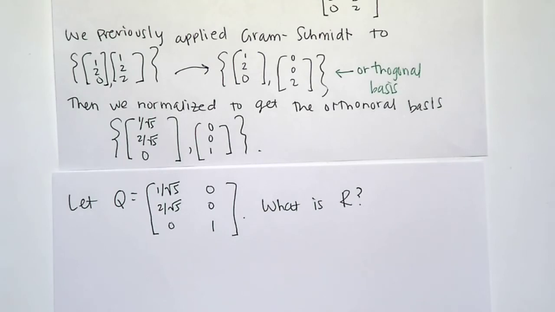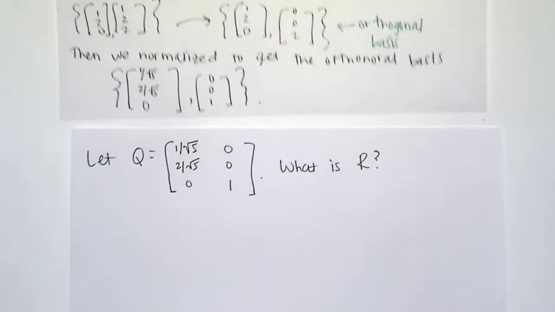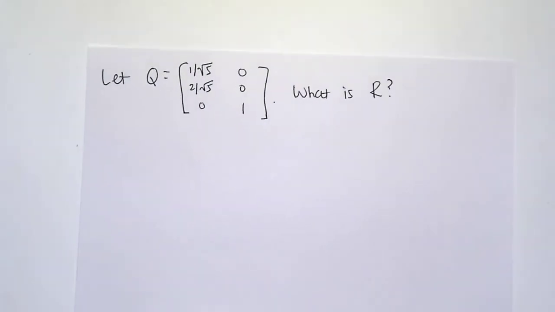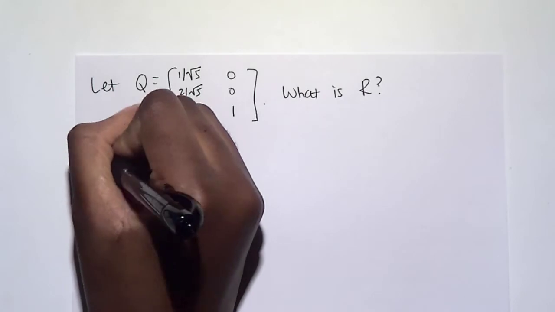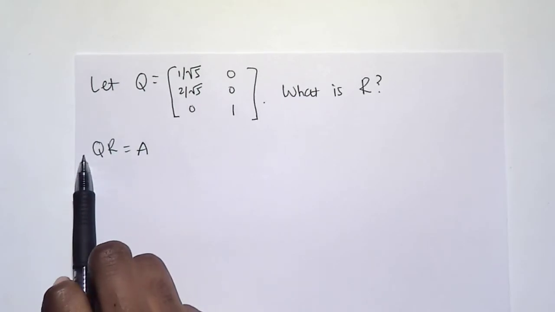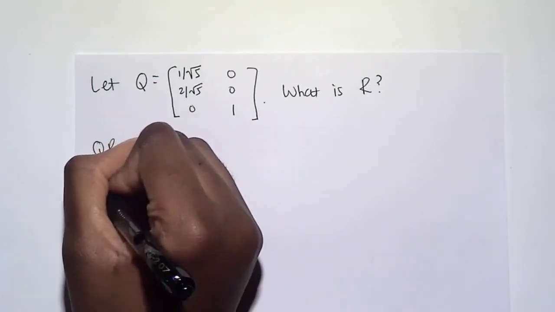Okay, let's do a little bit of proving and then we'll get to the answer. Side work: QR factorization is how we can factor a matrix A. I am going to take the transpose of Q and left multiply on both sides.